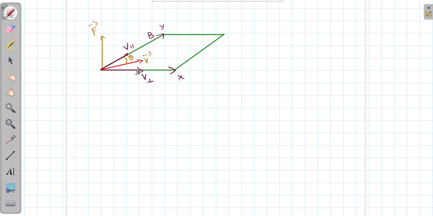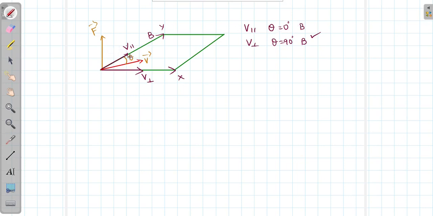V parallel is making an angle theta of 0 degree with B. V perpendicular makes an angle of 90 degree with B. Only this component is working with the magnetic field, not this one.